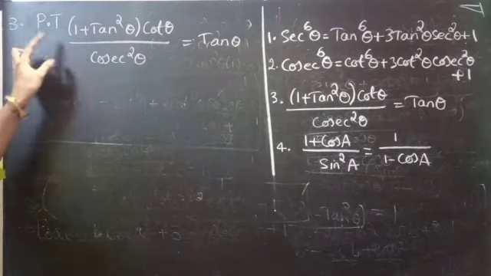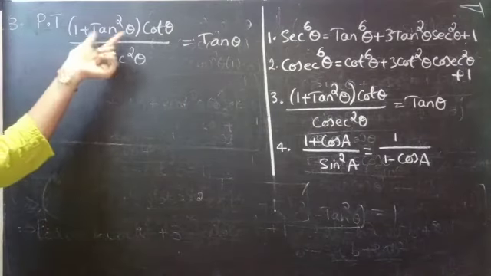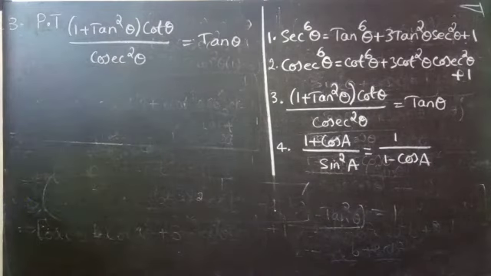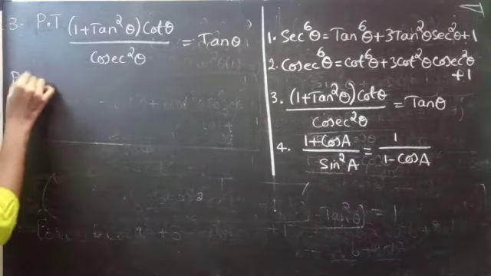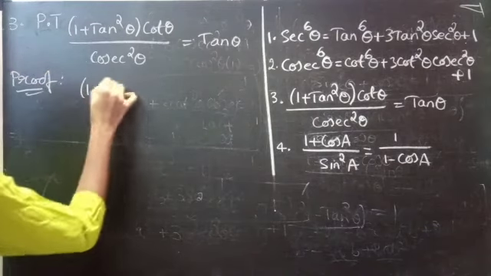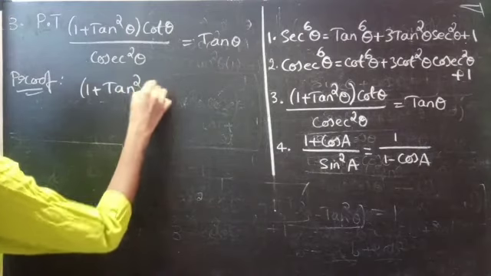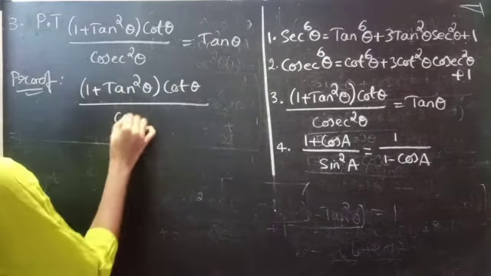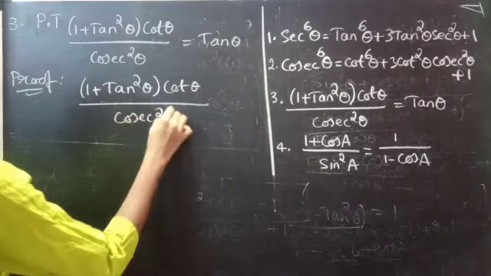Prove that 1 plus tan square theta into cot theta by cosecant square theta equals tan theta. Proof. Now consider the LHS part: 1 plus tan square theta into cot theta by cosecant square theta.